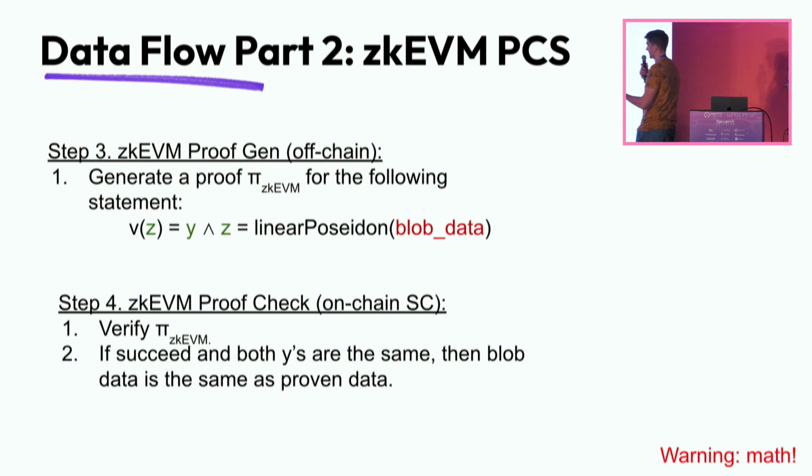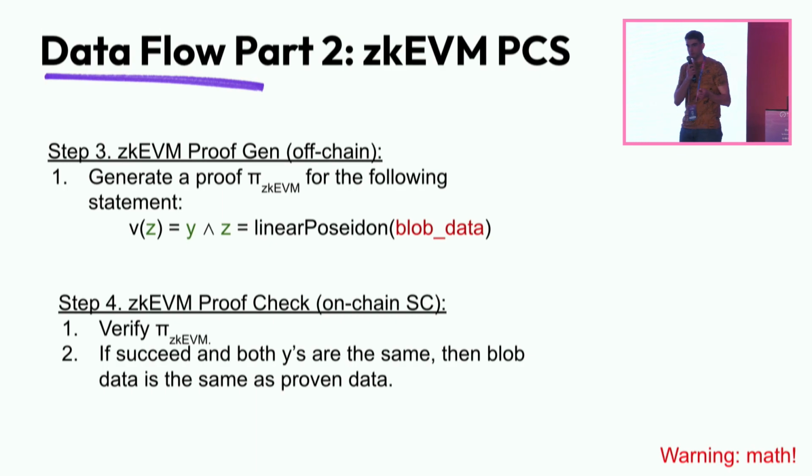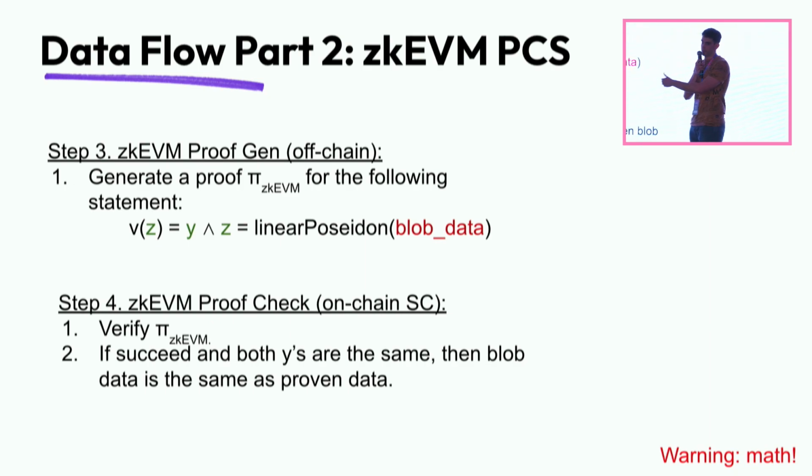And in the next step is where we do all the work in the L2. It's more or less the same, but we are going to use our proving system to prove that Z, the random point, is well computed, meaning that it is the linear Poseidon of the information inside the blob.